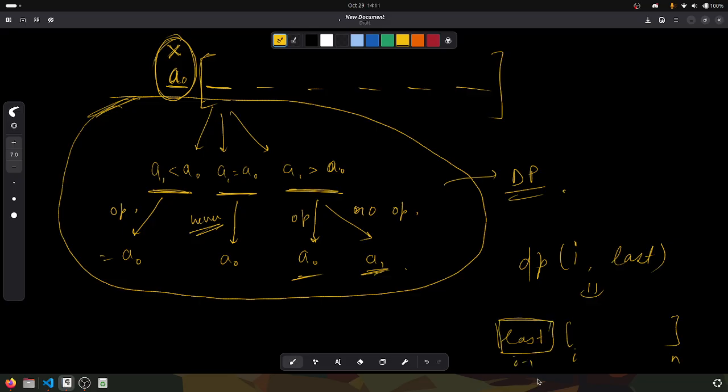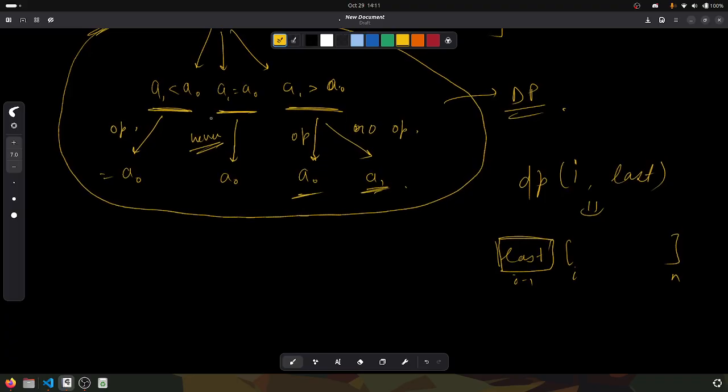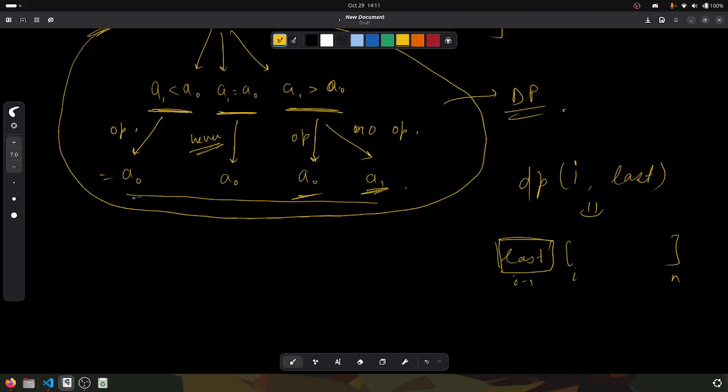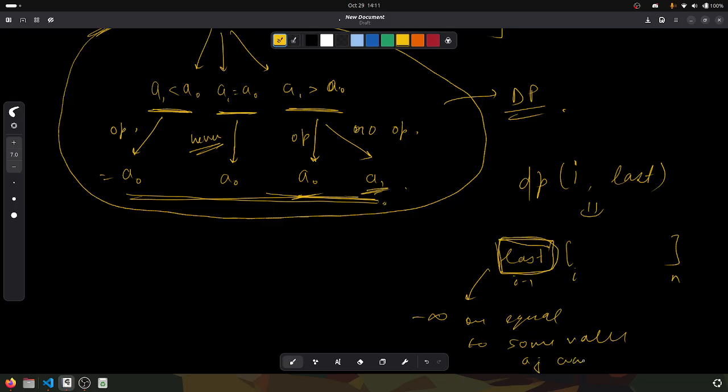Okay, i minus 1. Now the way that we are performing the operations, this last will either be minus infinity or equal to some value in the array, some value aj, where j is less than i.